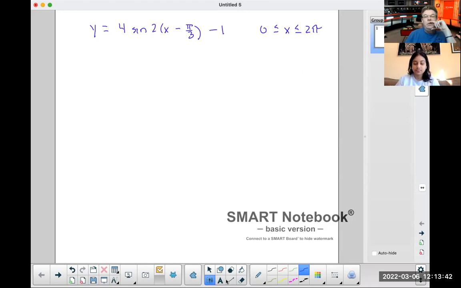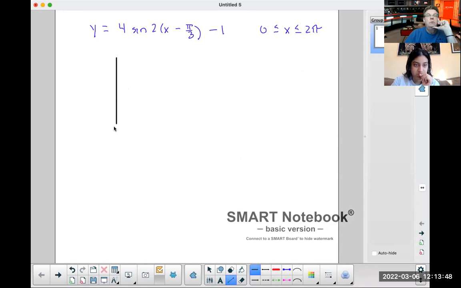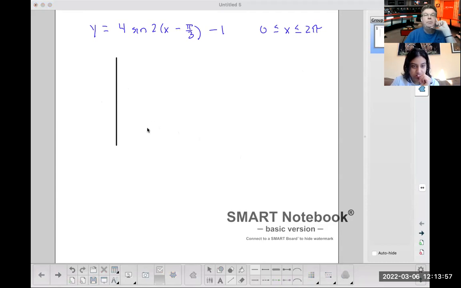Okay, so you're going to do an axis, right? And since we're going 0 to 2 pi, we really don't need... Something just popped up on my screen that you can't see. So what are we going to do? Then draw the x-axis. Okay, good.